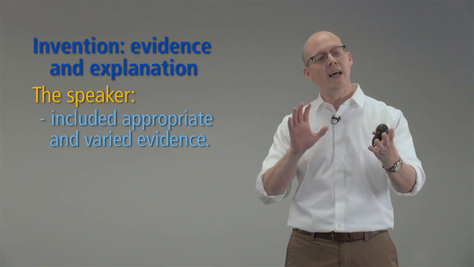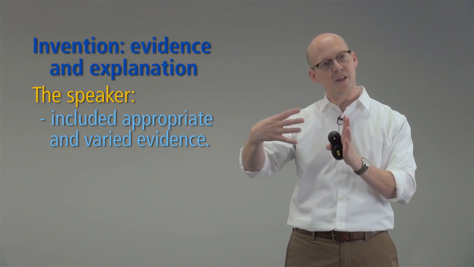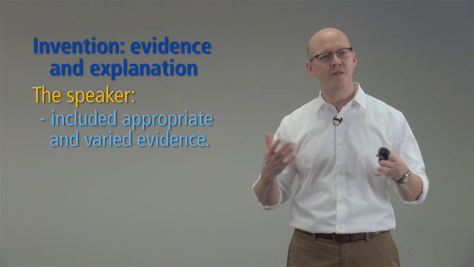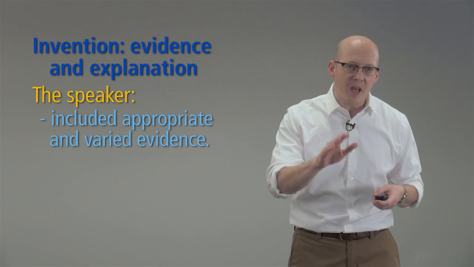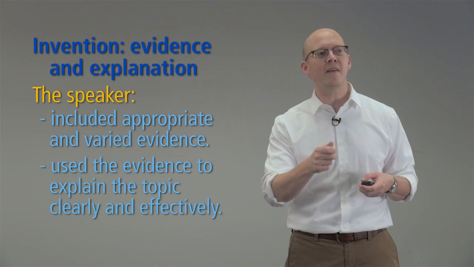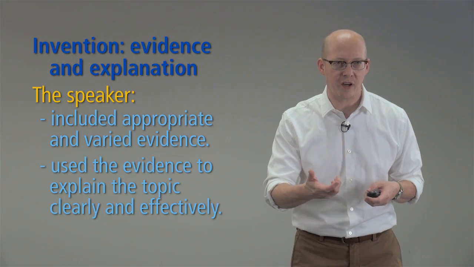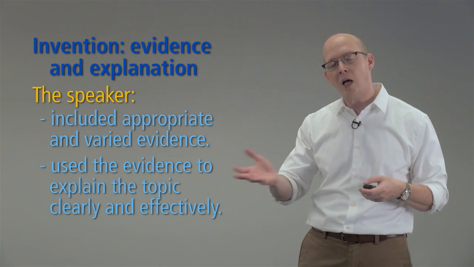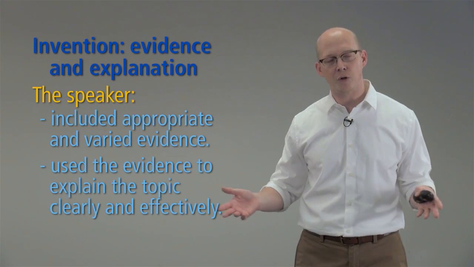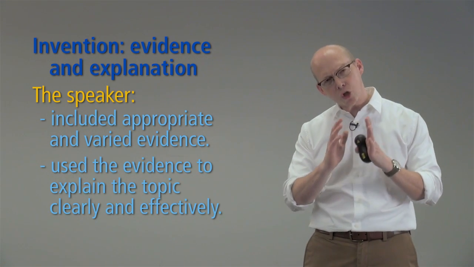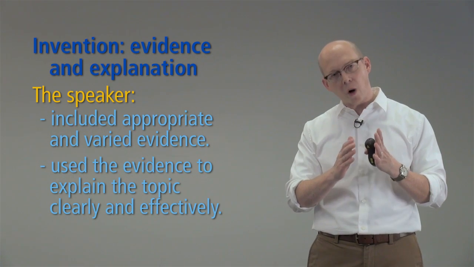You're providing that audience with multiple pathways into your topic. So you've got a good variety of evidence. And then most importantly, you're using that evidence to explain the topic clearly and effectively. So the evidence isn't cluttering the ground of your speech. Rather, the evidence is really sharpening what's going on in your explanation of those ideas.